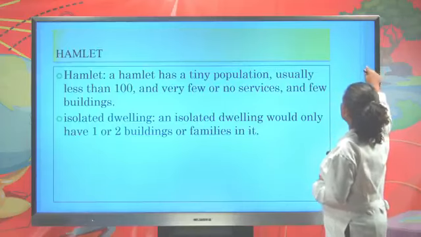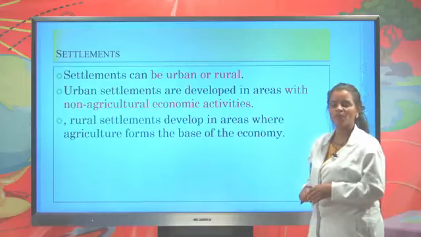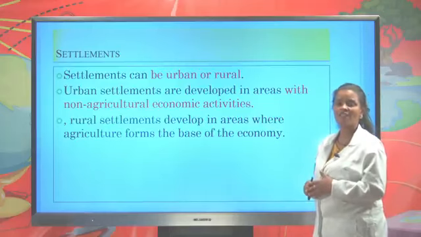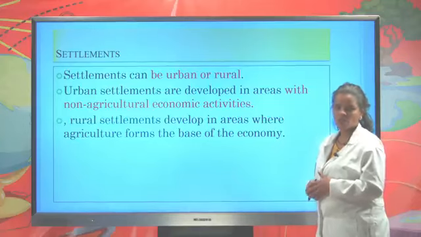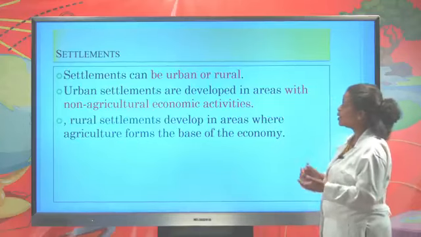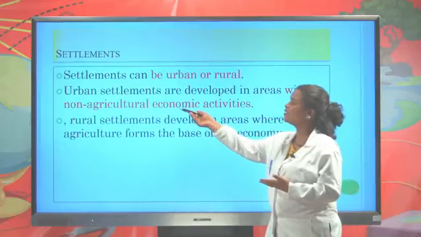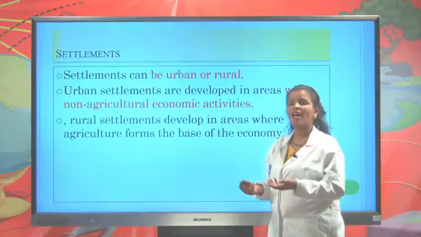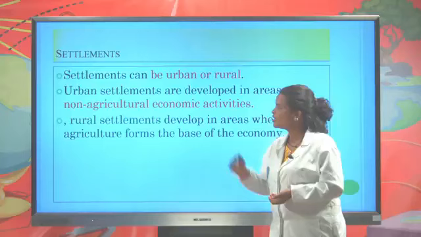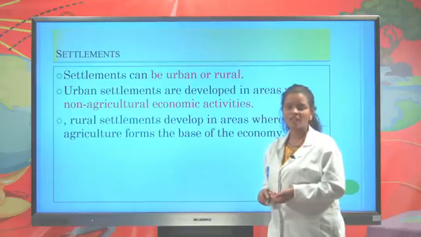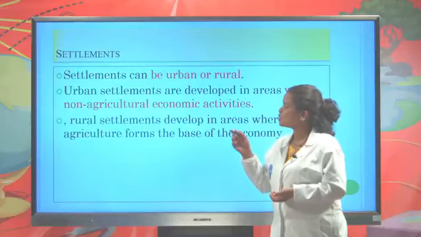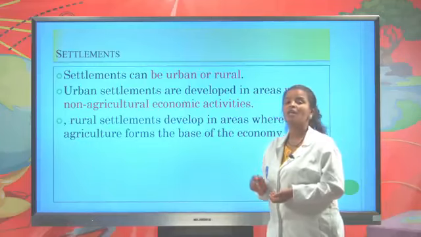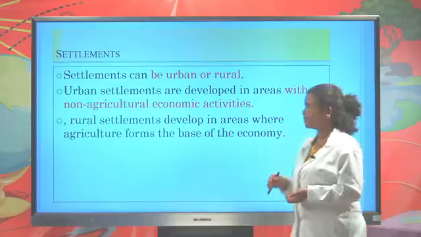So this is the hierarchy of settlement, mainly classified based on the number of population. Settlements can be urban or rural. Urban settlements are engaged in non-agricultural activity. Rural settlements are engaged in agricultural activity. Few people or a small population is found in rural settlements.